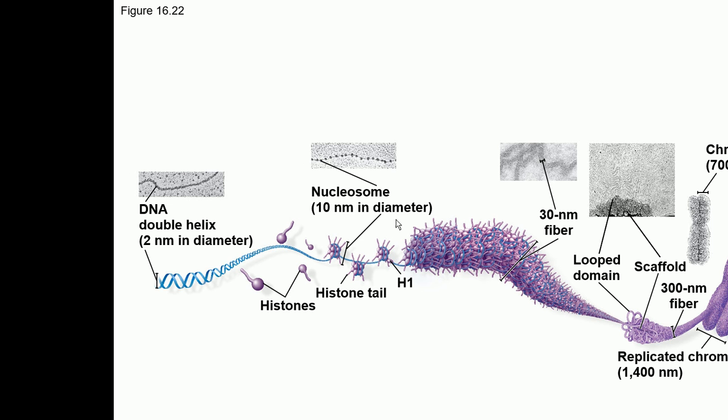And then these nucleosomes further coil, further fold, and then they form chromatin. The chromatin fiber is around 30 nanometers in diameter. And then it further folds, further coils, forms loops, and it becomes around 300 nanometers in diameter.